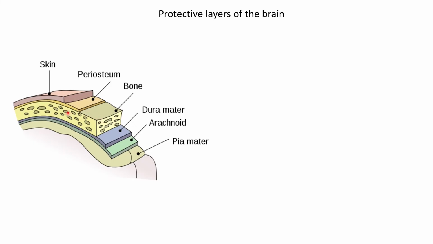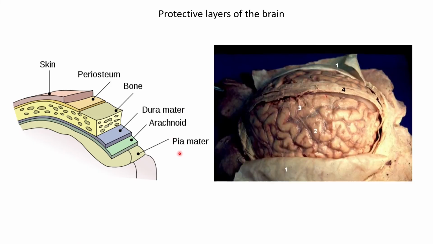Now, below the skull, there are another 3 layers that are covering the brain. These are called the dura mater, the arachnoid, and the pia mater. They are also shown in this picture here on the right. So in this picture, you can see there is this layer that has been peeled off. That is indicated by number 1.